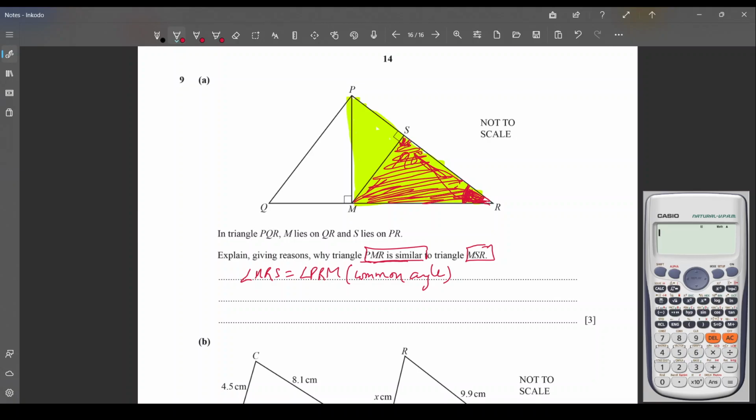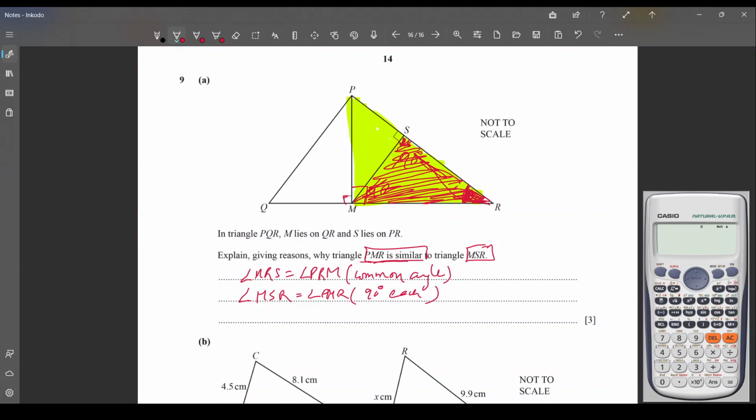It's 90 degrees, right? And for this triangle, this will be 90 because this is 90. So we can write angle MSR equals angle PMR, 90 degrees each.